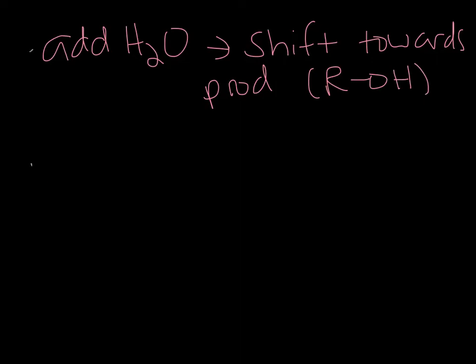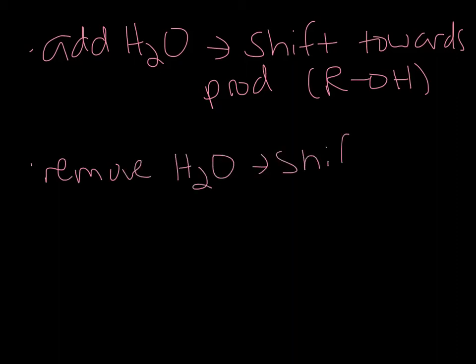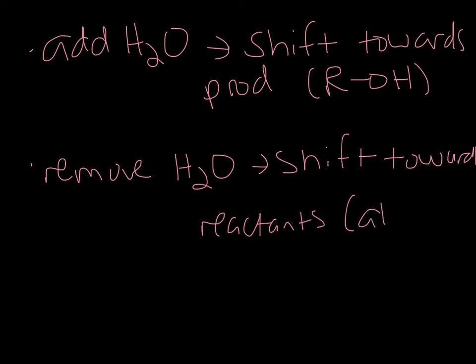And if we remove H2O, we would shift towards reactants. And the reactants would be my alkene. So we can use that principle to drive the reaction in one direction or another.